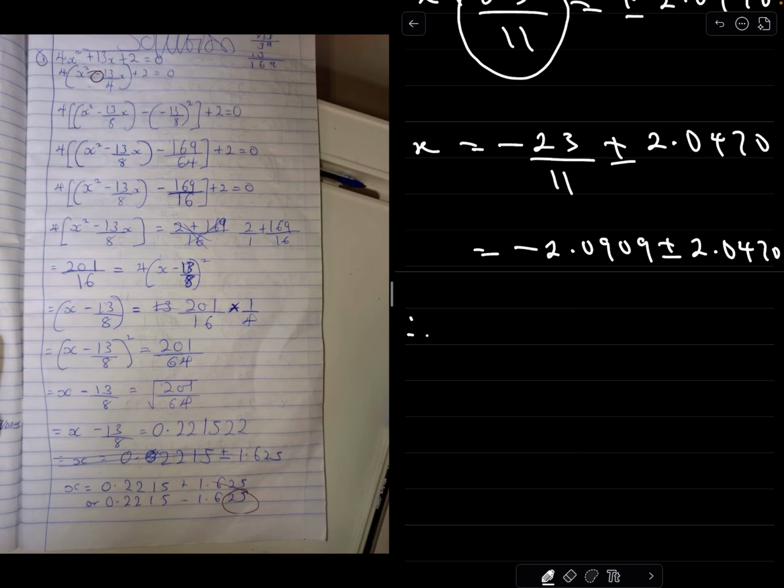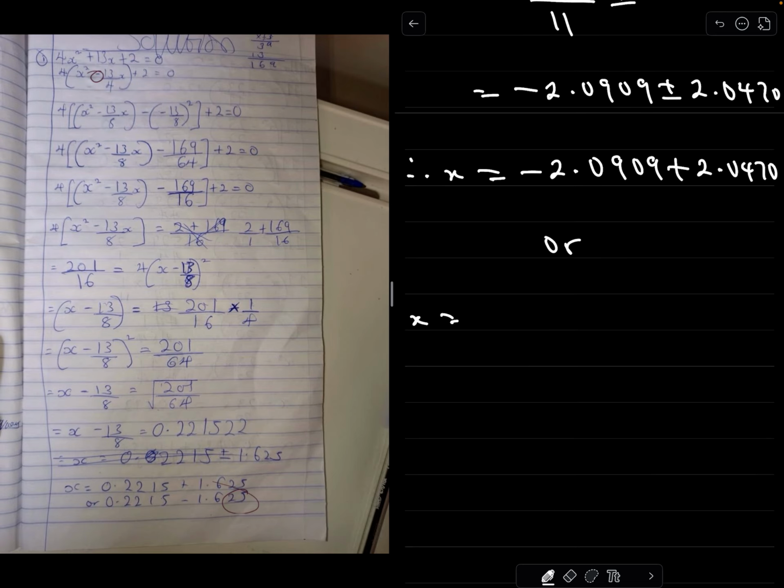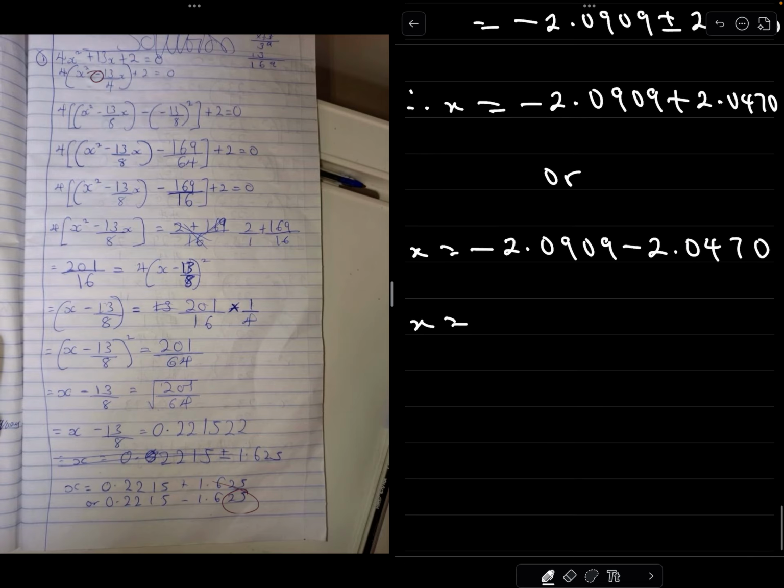And that therefore means x equals minus 2.0909 plus 2.0470, or x equals minus 2.0909 minus 2.0470.